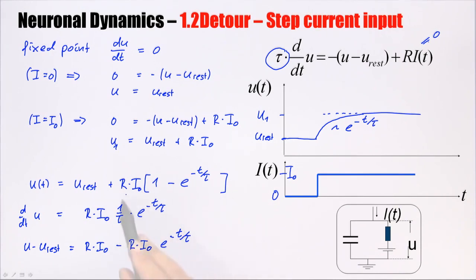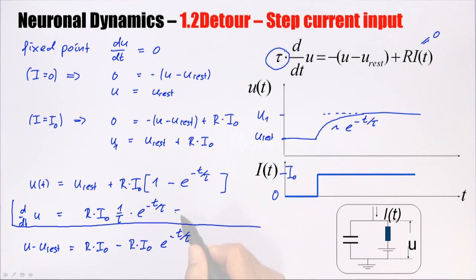I have those terms, which I write as two terms. Now you see that this is indeed, let's go back to the differential equation. This is indeed the correct solution because I can write this as u minus u rest plus r times I0.